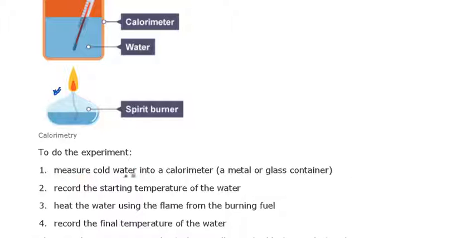First we measure the cold water in the calorimeter, then we record the starting temperature reading before providing heating. Then we heat the water by burning the fuel. We are using spirit here.